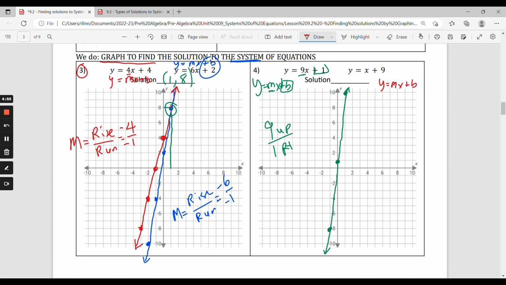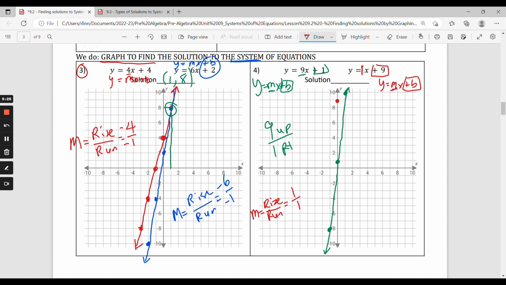I can see that my plus b is plus 9, so I'm going to put a point on positive 9. Now my m value, I don't have an m value here. There's nothing multiplied by x, which means I have to remember that that means we have a 1 times x. X by itself is just 1x, which means our slope, which is rise over run, is going to be equal to 1 over 1.